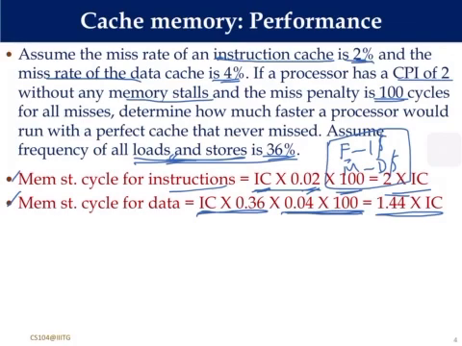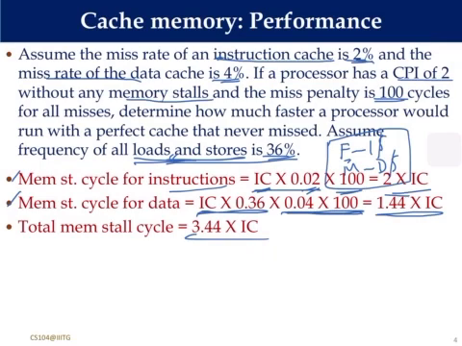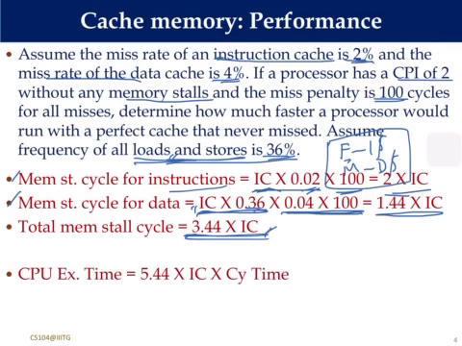Now for the whole CPU time, what will this be? This is the total memory stall cycles, because the instruction fetch phase will be for all the instructions, and the next one will be for only load and store type instructions. Now what will be the CPU execution time?